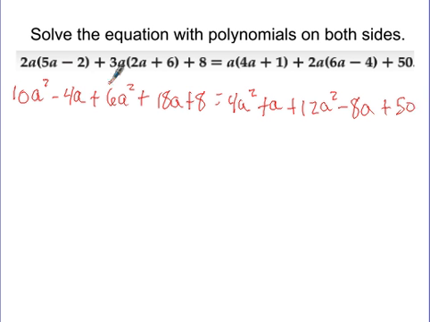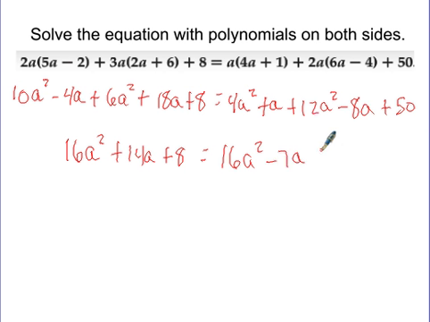Simplify anything that you can on each side of the equation. So 10a squared plus 6a squared, 16a squared. We have a minus 4a plus 18a. So it's plus 14a, and then plus 8. All right, then on the right side, we've got 4a squared plus 12a squared, 16a squared. We've got a minus 8a. So minus 7a plus 50.